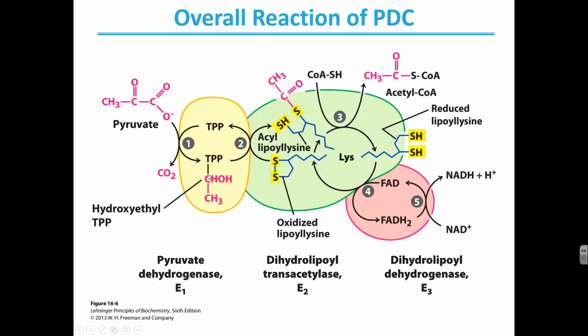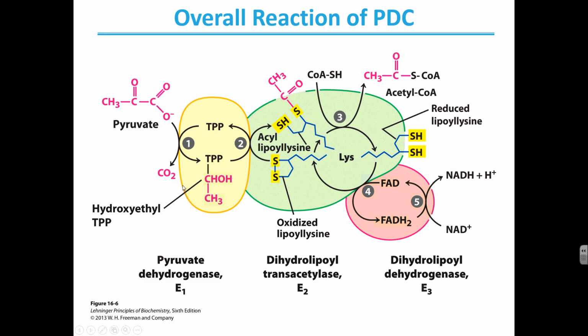Okay. So shown here, this yellow area represents your enzyme 1. Green area represents enzyme 2. And then pink area is supposed to represent enzyme 3. So let's start here with enzyme 1, pyruvate dehydrogenase. In enzyme 1, we're going to see a decarboxylation of pyruvate. So here our pyruvate comes in. We decarboxylate, releasing our CO2.